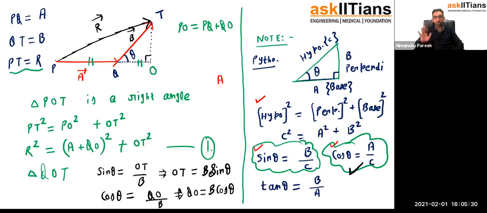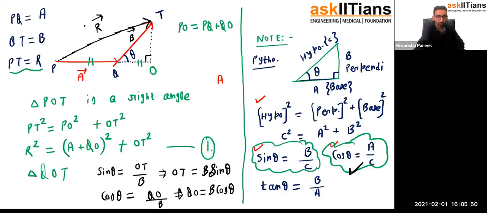I am going to use these two things in the equation number 1. So QO I am going to replace with B cos theta, and OT I am going to replace with B sin theta. Okay. So let us go to the next slide now. R square equal to A plus, I'm using the equation 1.